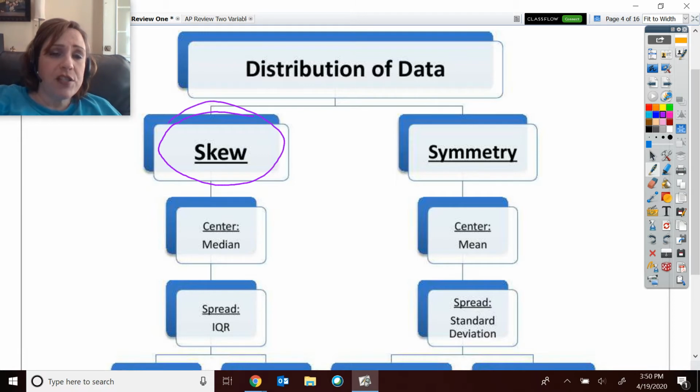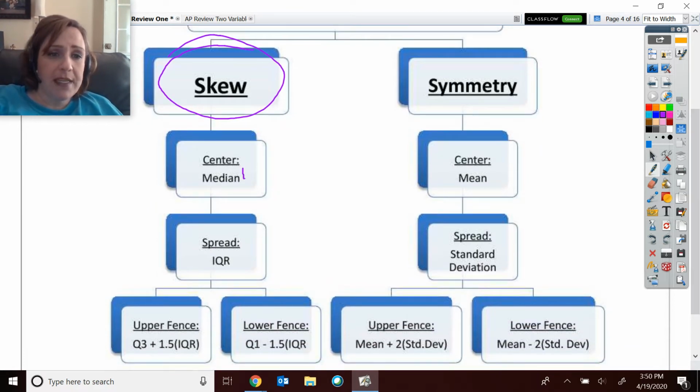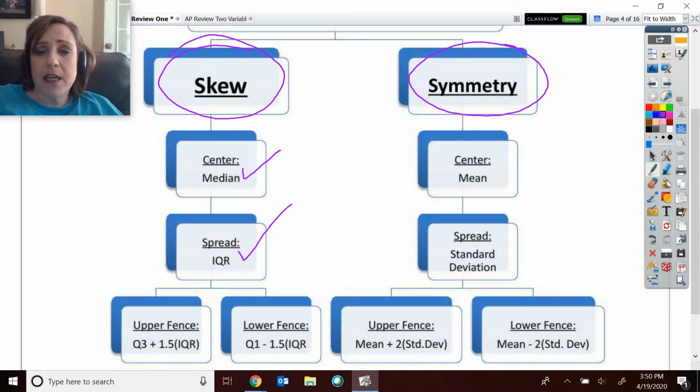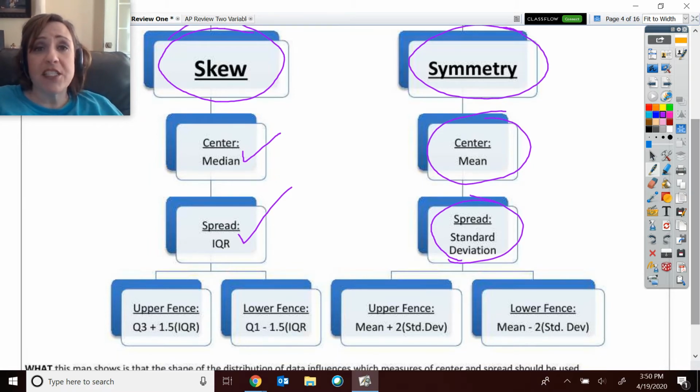If you have skew, then you must choose to use median and IQR. Ooh, symmetry, standard deviation, and mean. Okay, so remember our little song to guide us through which measure of center or spread is a better one to use and why.